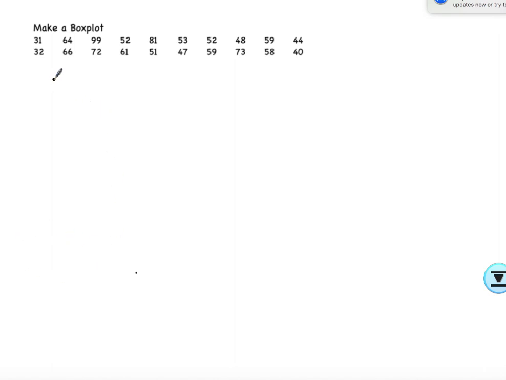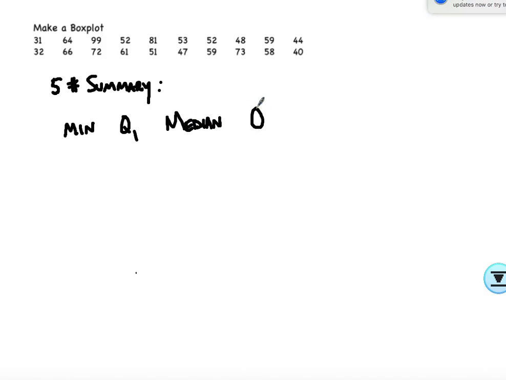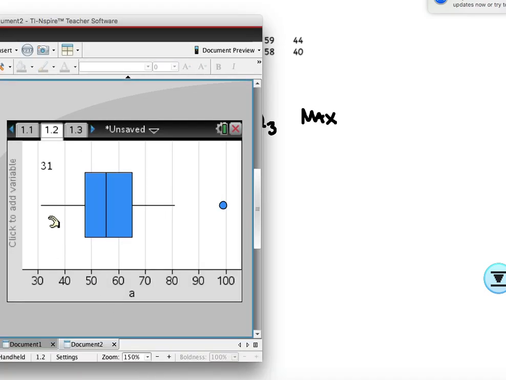So your 5-number summary is your minimum, Q1, median, Q3, and your maximum. So going back, let's take a look again.